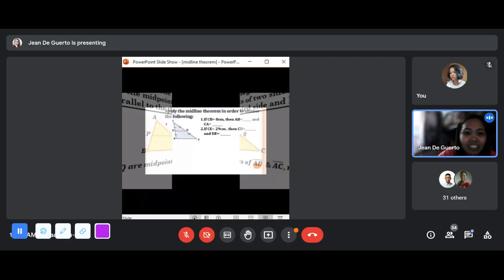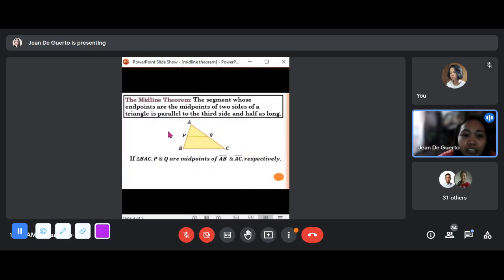Then we can say that segment PQ is parallel to segment BC. Okay, so yung midline natin, segment PQ, is parallel to segment BC and PQ is equal to 1/2 of BC. So yun yung midline theorem natin.